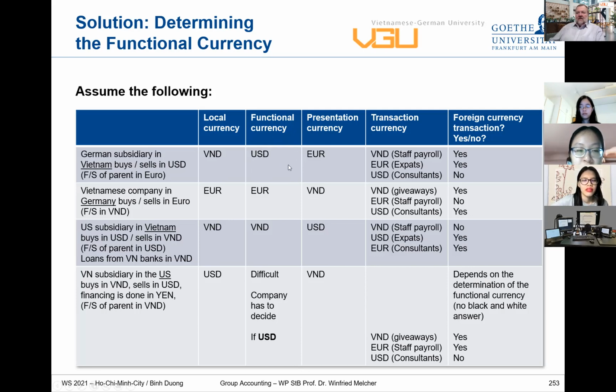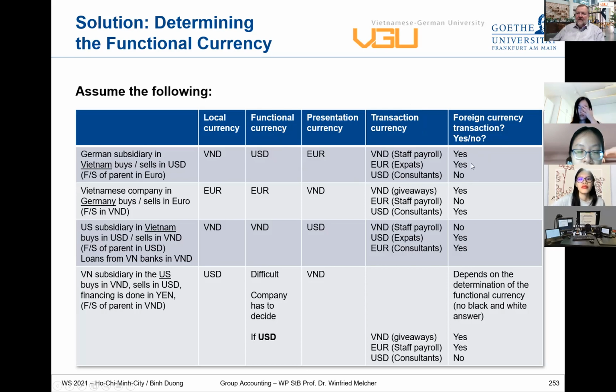Okay, so I think that is okay. And then we have several transactions here, and I think you all got it right. So any transaction currency different from the functional currency is a foreign currency. That's the definition. So anything which is different from the US dollar is a foreign currency transaction in this block here.